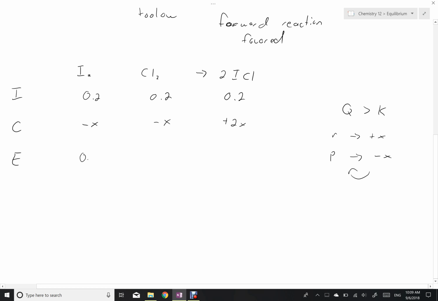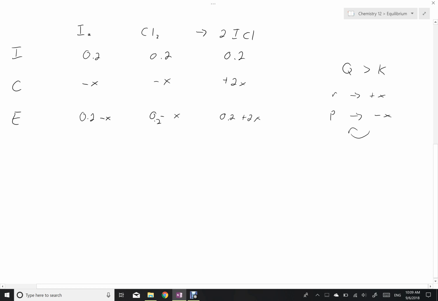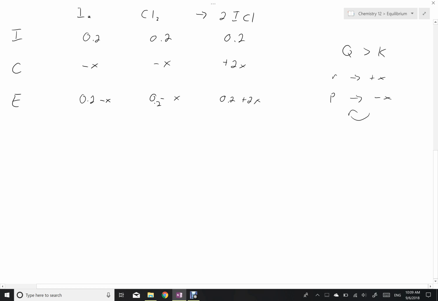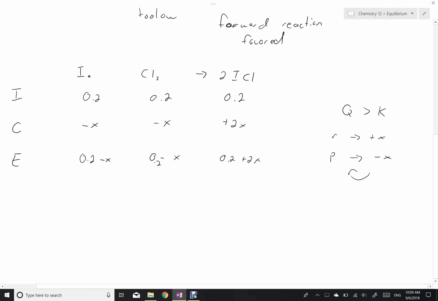So then I can get expressions for the concentration of each species at equilibrium. And I'm going to end up with a slightly annoying thing to solve. So K is going to be equal to the concentration of iodine chloride squared, because of the coefficient, over iodine times chlorine.